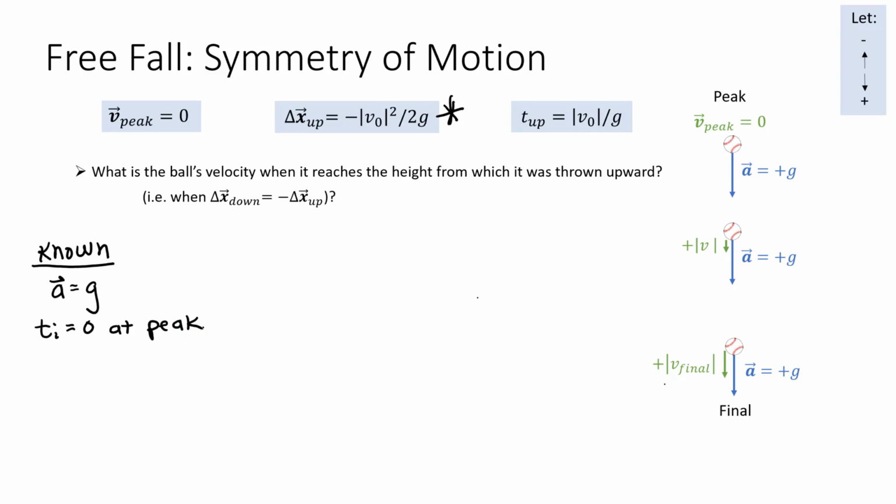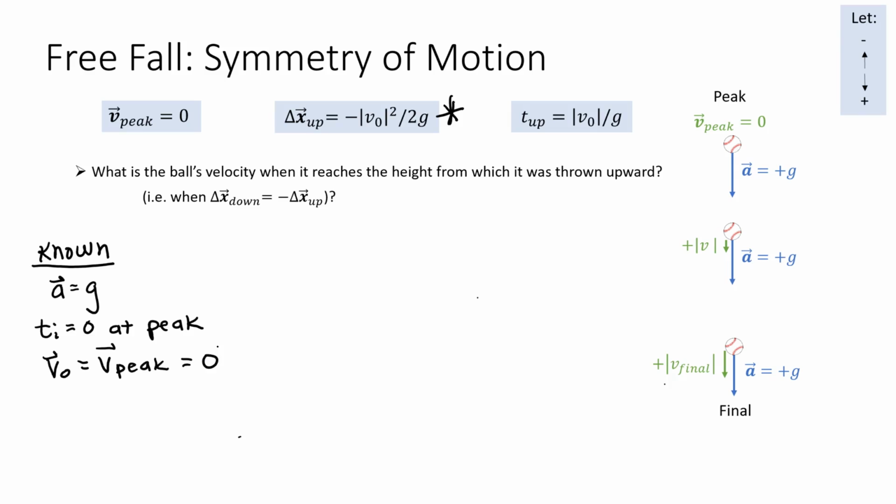Okay, and so then with this definition, I can define my initial velocity, right? So v naught in this case. Since my initial time is at the peak, my initial velocity is the velocity at the peak. And that, of course, is just 0. All right, and then what am I looking for here?